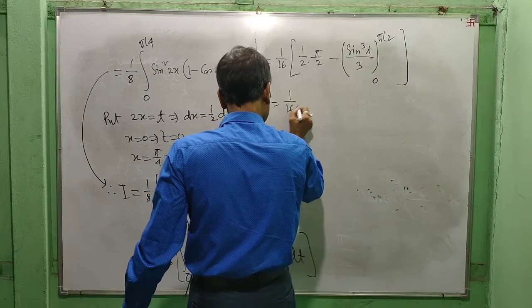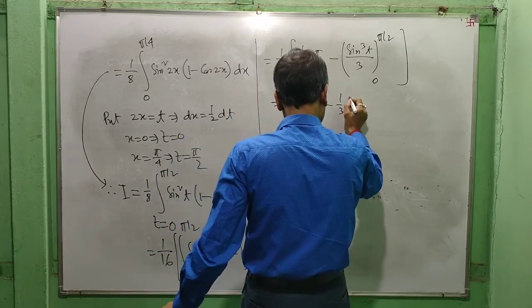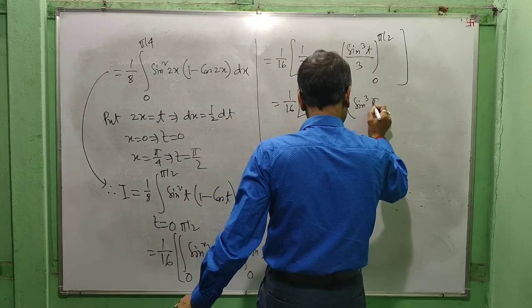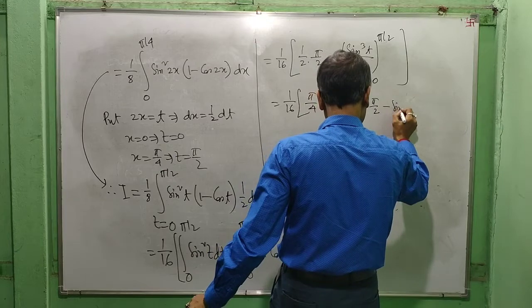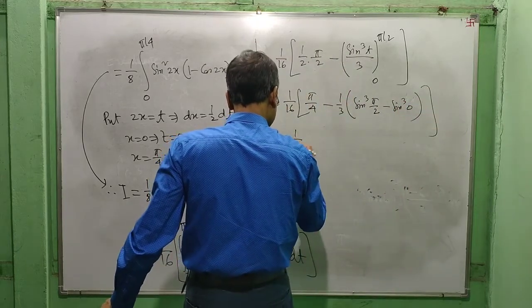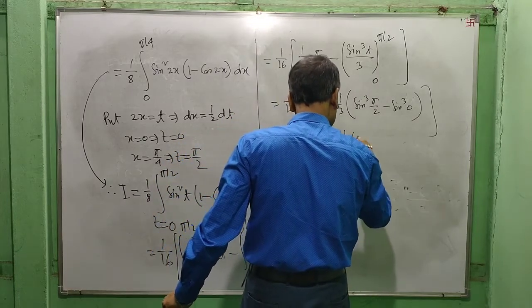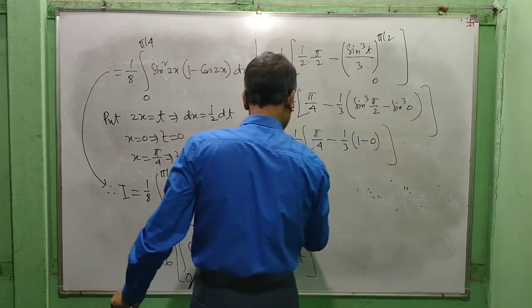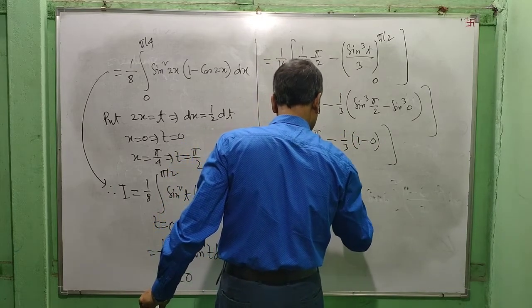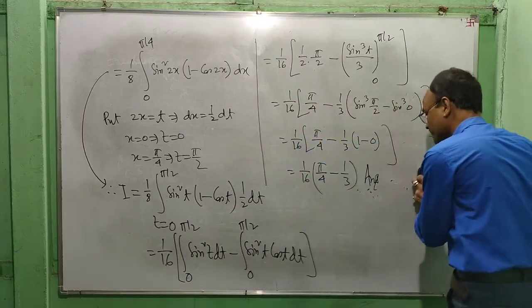This is equal to 1 by 16, pi by 4 minus 1 by 3, sin cube pi by 2 minus sin cube 0, which is 1 by 16, pi by 4 minus 1 by 3, 1 minus 0. This is equal to 1 by 16, pi by 4 minus 1 by 3. This is the answer.